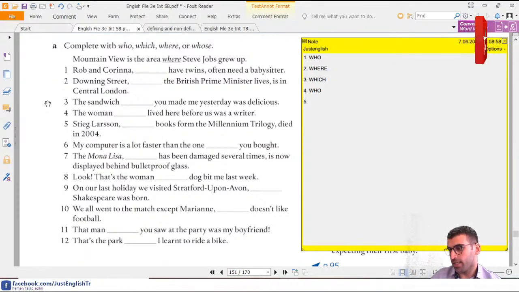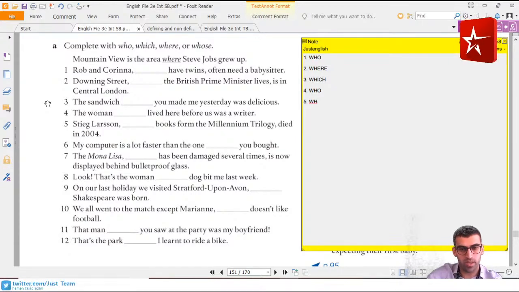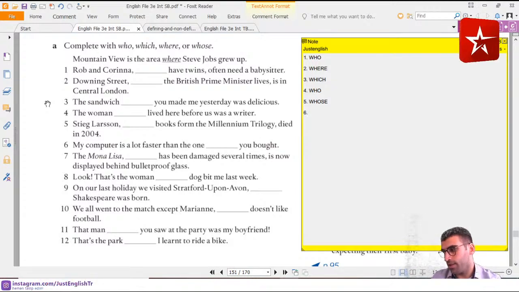Number 5, Ceyda, Gülsafa, Kadir, Sıla, and Nejat. Nejat, just your answer is incorrect, because whose books form the Millennium Trilogy? Whose is a correct answer for number 5. Whose is a correct answer. Yeah.